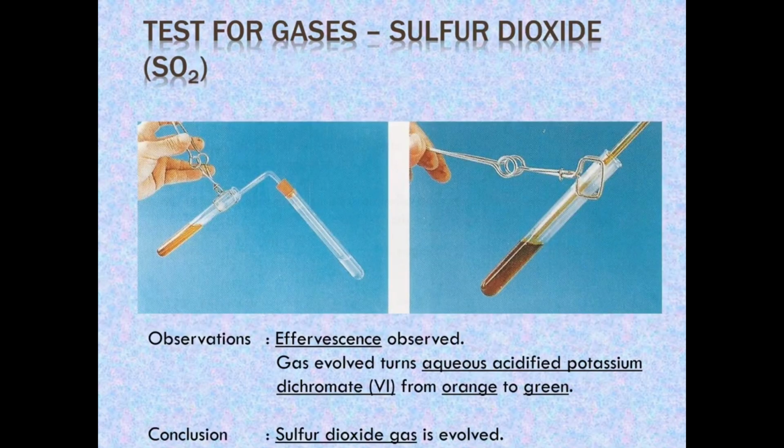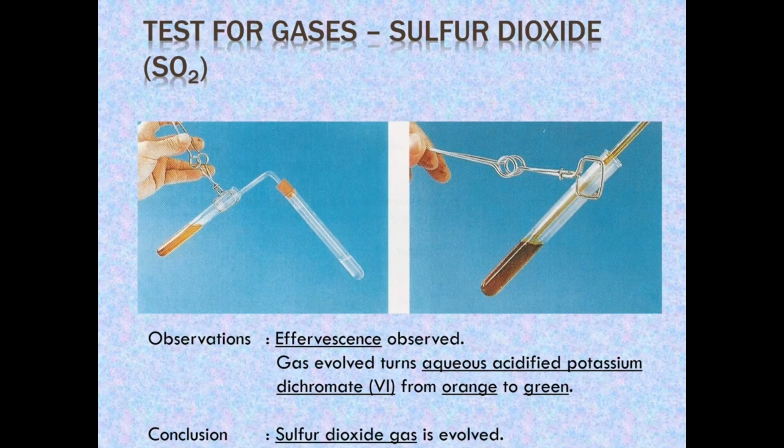So test for gases, sulfur dioxide. How do you test for sulfur dioxide? When you pass the gas through acidified potassium dichromate(VI), it will change from orange to green. So if it changes from orange to green, just know that that gas is sulfur dioxide.